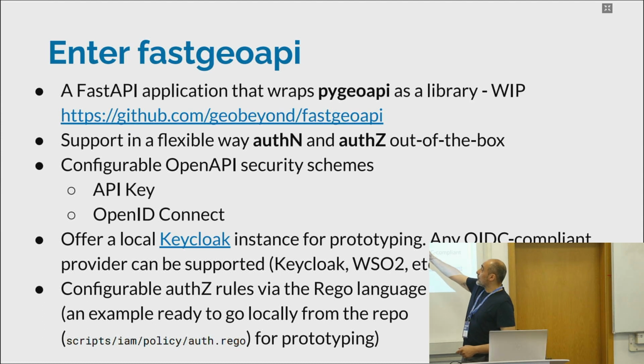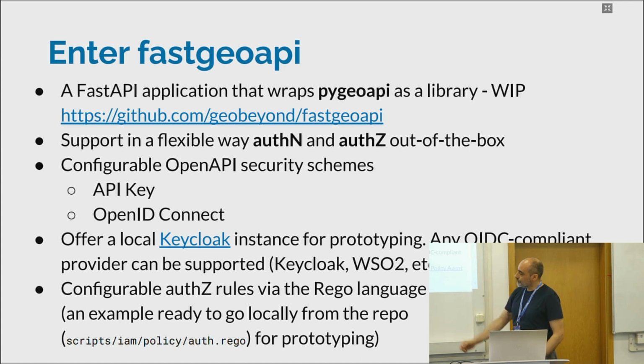In the repository, we offer a sort of playground, right? We developed a template using a very common identity and access management tool, which is Keycloak, that supports OpenID Connect, among other types of access control.